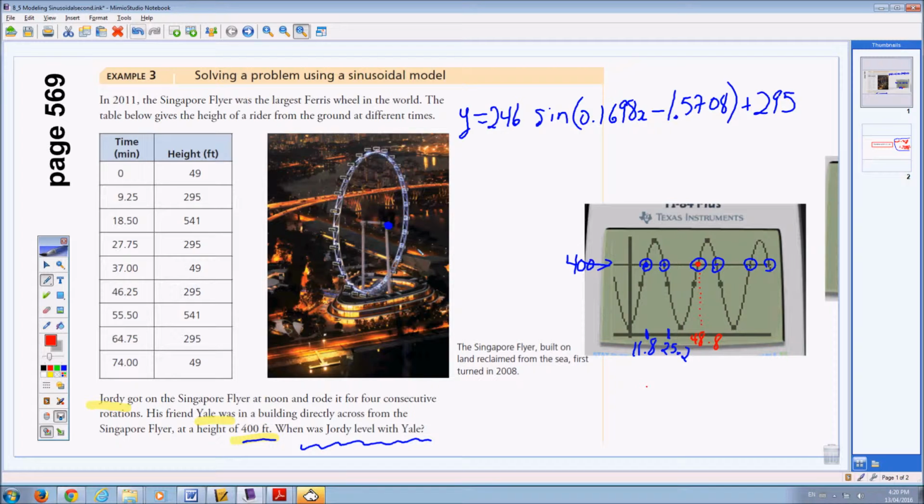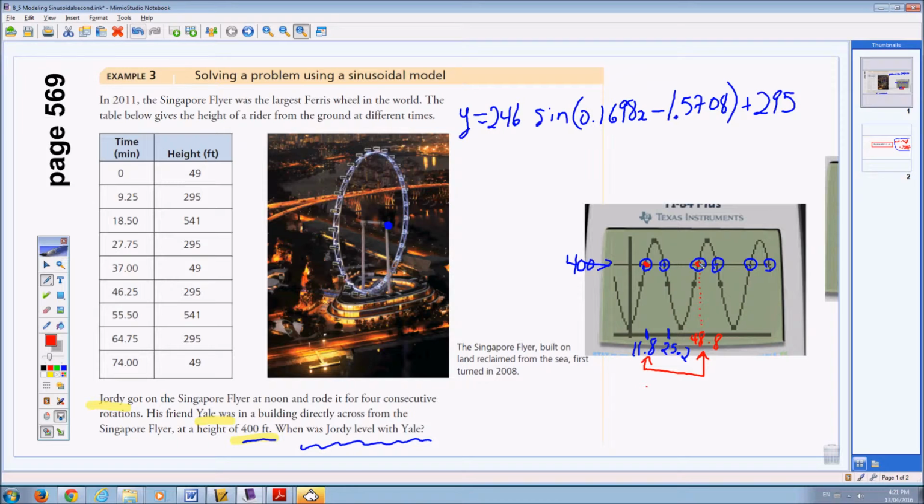When I look here at these 2 values, note that they are both in the same spot on my curve. Starting from that point, we're going up, then down, coming back up. From the 48.8, I would start again going up and down. So that, remember, is my period.